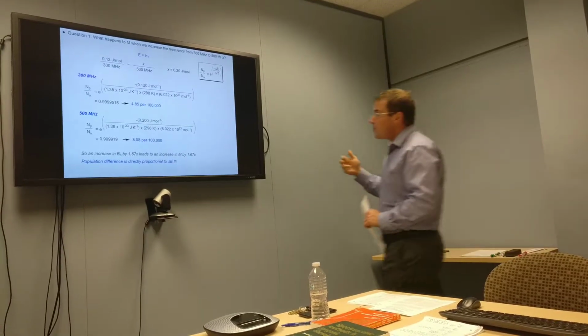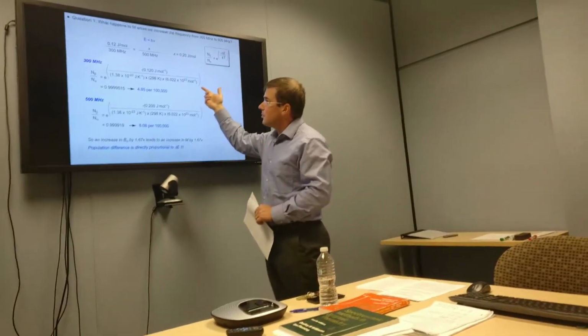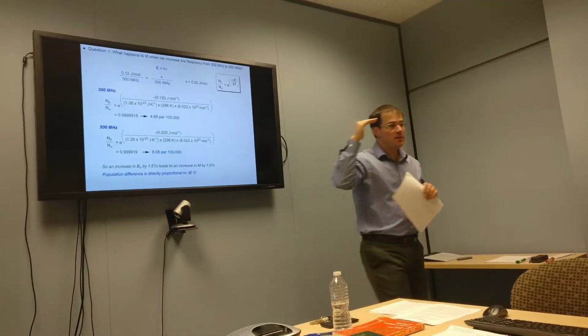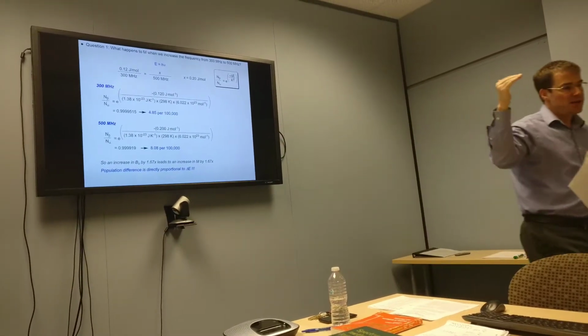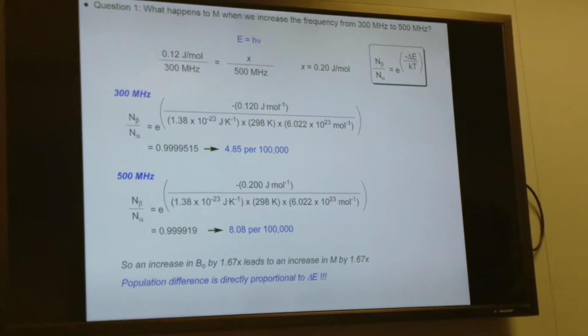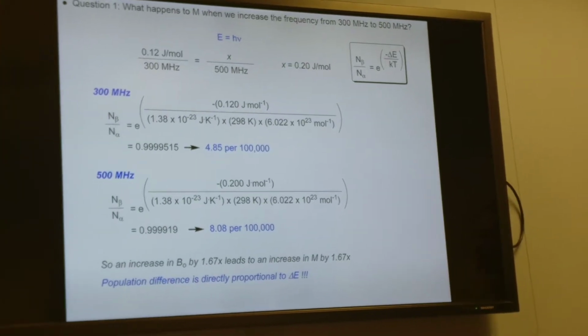Okay. We worked through, for a 300 megahertz experiment, how the difference in population of the upper state versus the lower state was very, very small. A difference of about 4.85 per 100,000. We did that in class.